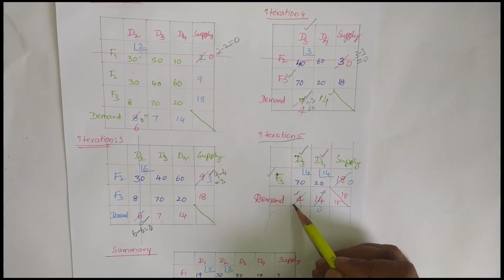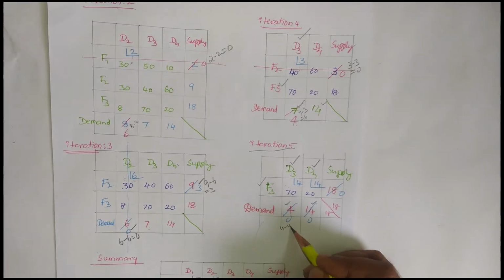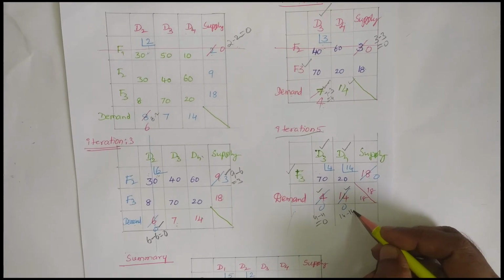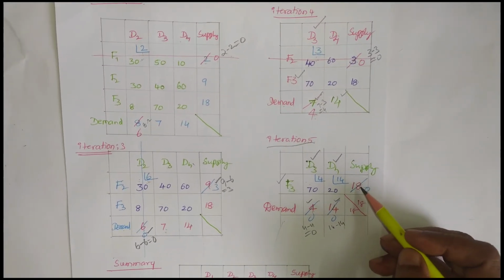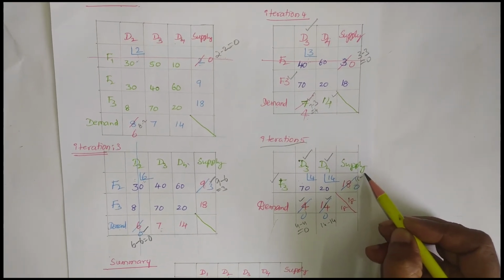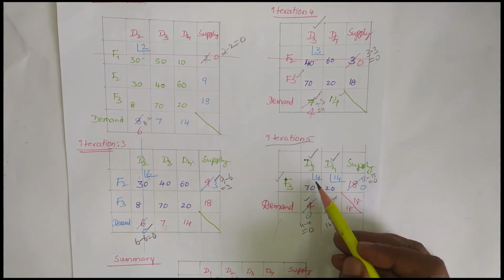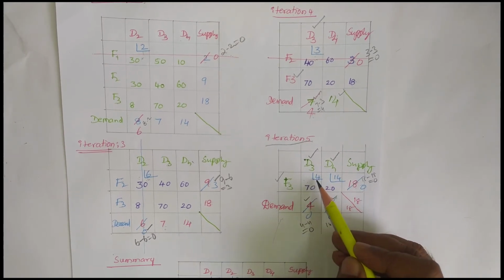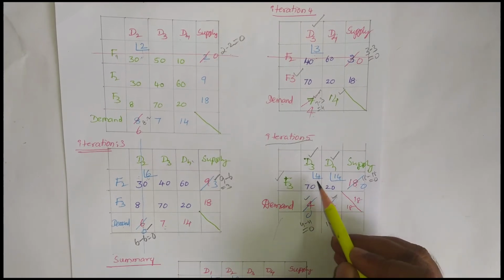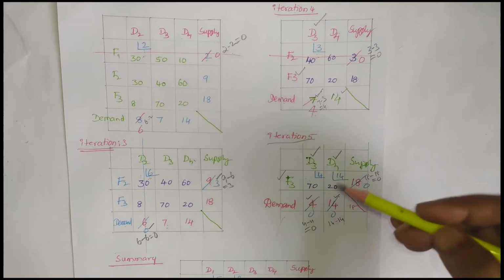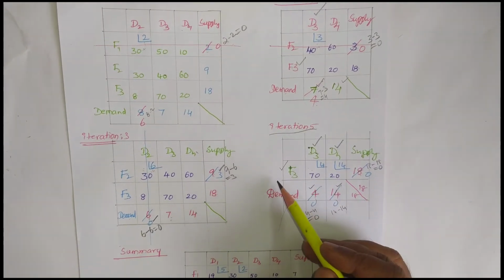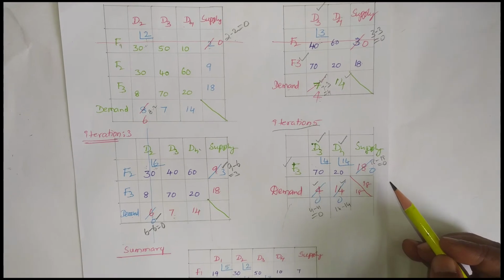Demand is 0 because 4 minus 4 is 0 and 14 minus 14 is 0, and supply is 18 minus 18 equal to 0. So the D3 column and D4 column are satisfied, and the F3 row is satisfied.